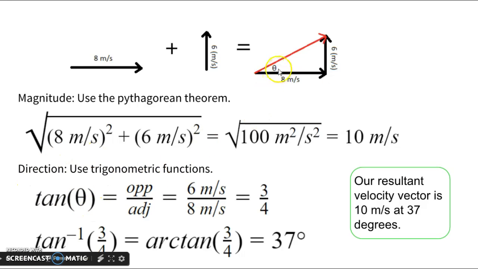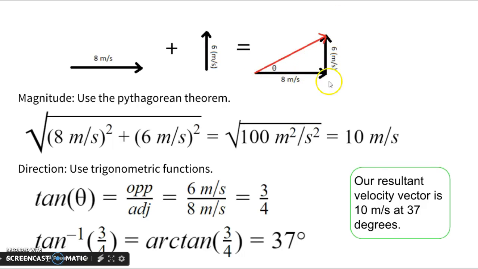Secondly, we can calculate with what angle this hypotenuse, or this resultant vector, is angled at. You can use whatever trig function floats your boat or that you have enough information for. In this case, I'm going to use the tangent function. Tangent of our angle is equal to the ratio of the opposite leg divided by the adjacent leg.